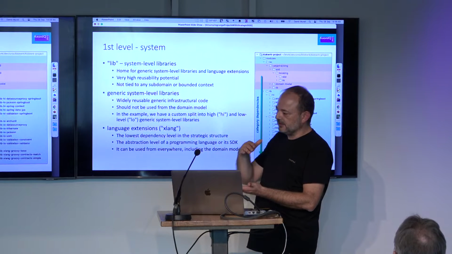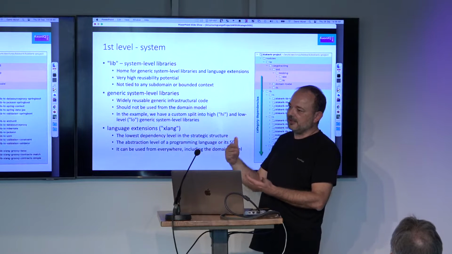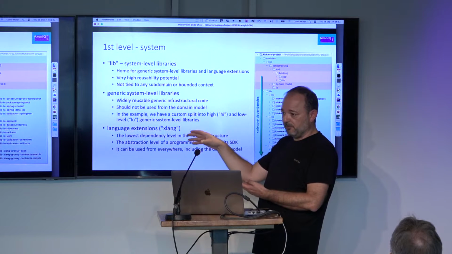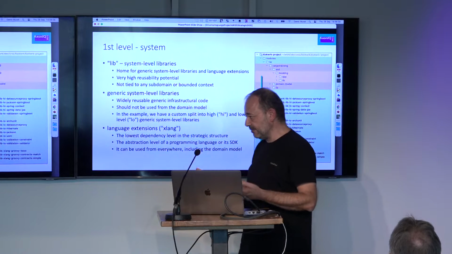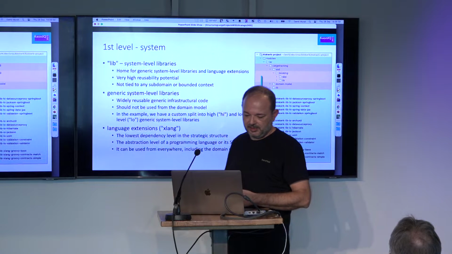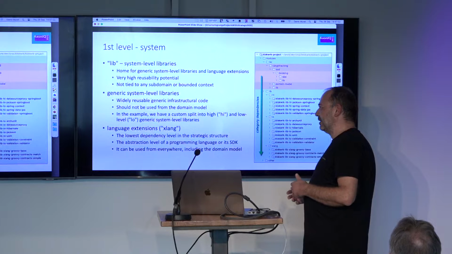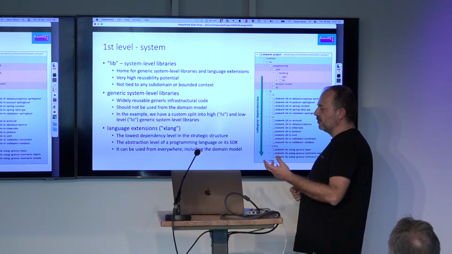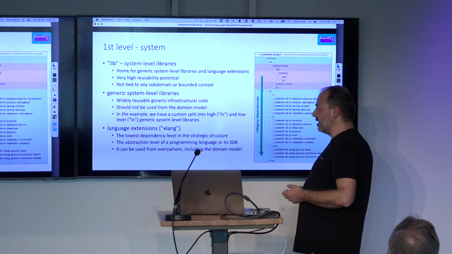You are not creating, for example, a Jackson serializer and deserializer for the elements from your domain model, but something like strings or some similar things that are very generic. This is the category for such things. In general, those generic system level libraries should not be used from the domain model, but exceptions are allowed if you need them.